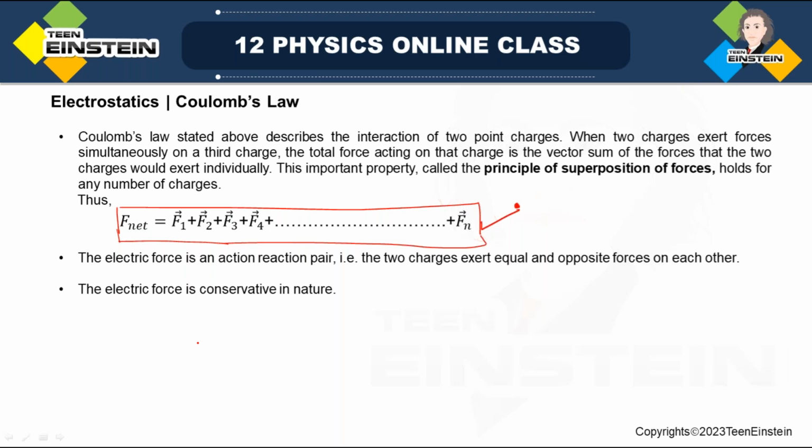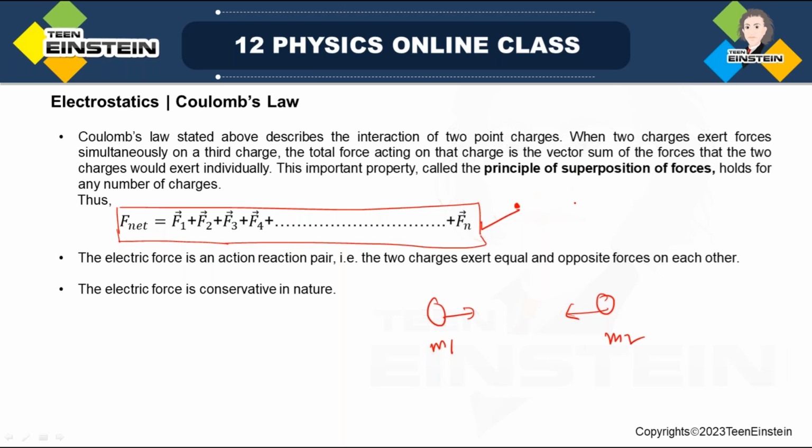Okay, so we'll go to another important concept: the electric force actually occurs in pairs, just like the gravitational force. If there are two masses m1 and m2, they mutually attract each other.